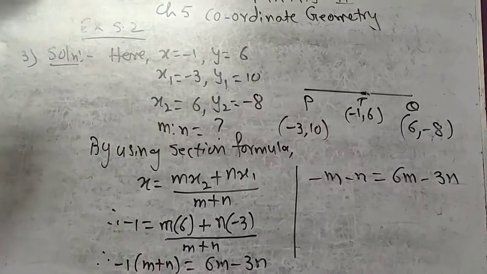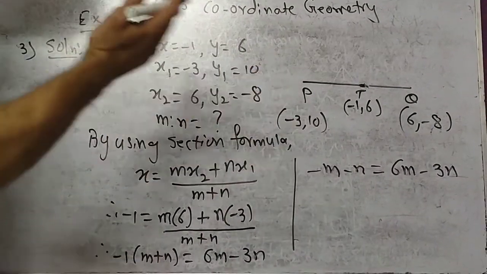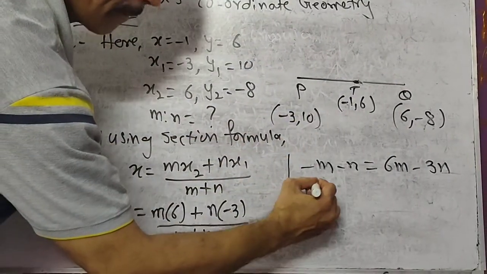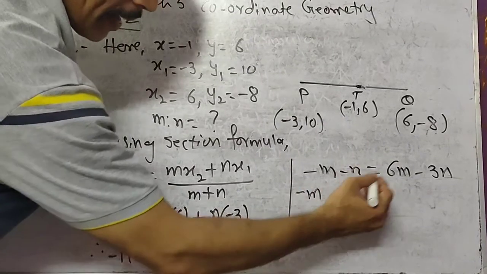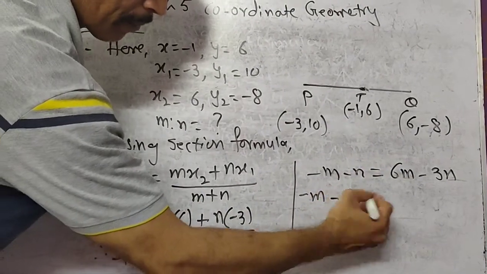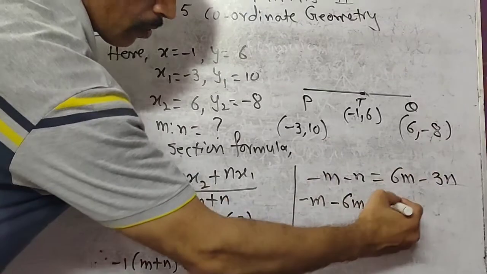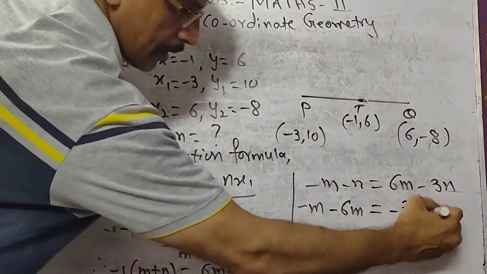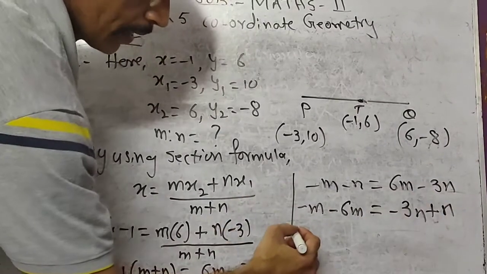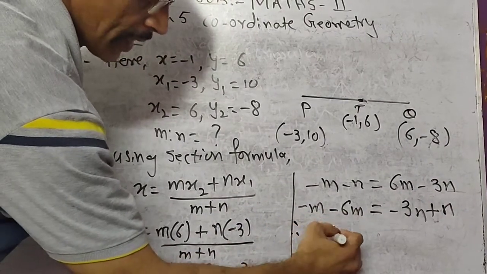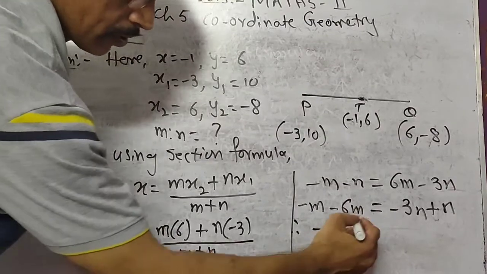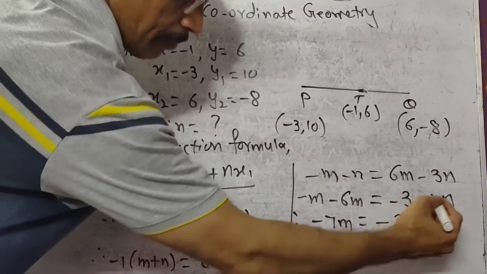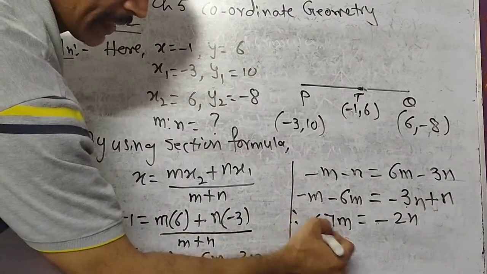Just open the bracket. Okay, now take m one side, n other side. So minus m minus 6m, plus will come here, becomes minus. So minus 3n is remaining now. So this minus will go there, becomes plus. So you will get minus 7m, and here it will be minus 2n, minus 3 plus 1, minus 2n. Minus cancel.